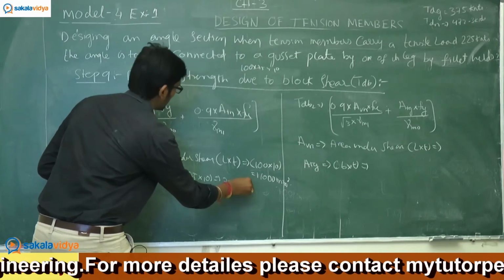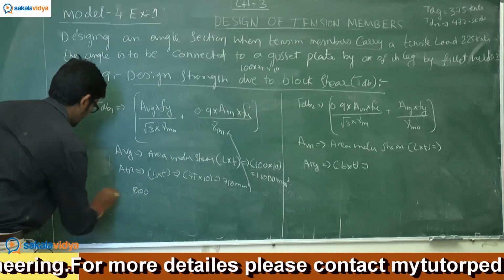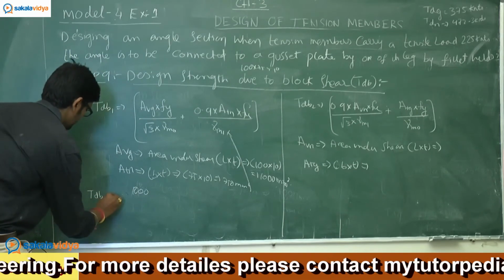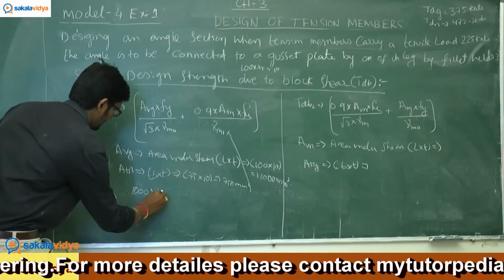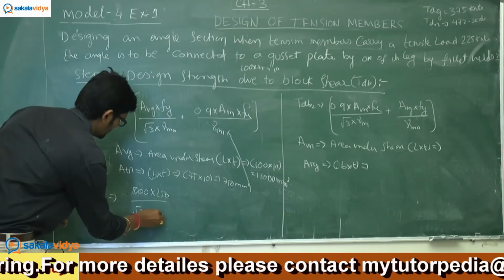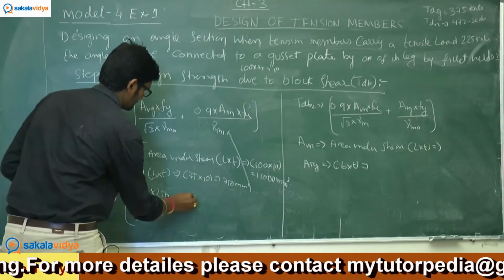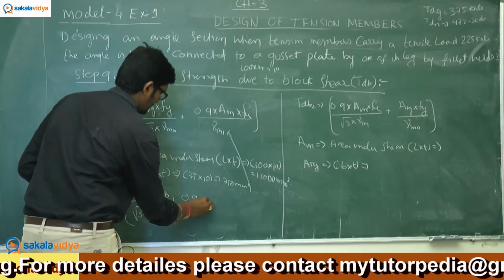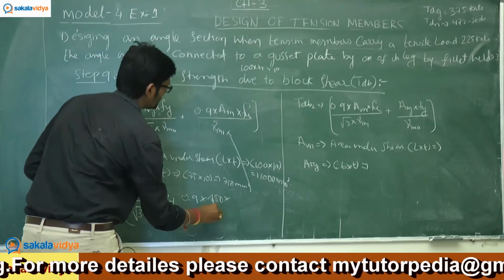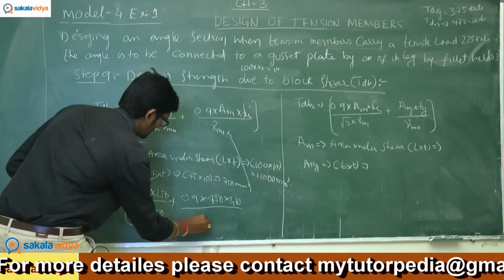Let us substitute these values in the above equation. TDB1 is AVG 1000 into Fy 250 divided by root 3 into 1.10 plus 0.9 into ATN 750 into Fu 410 divided by partial safety factor 1.25.